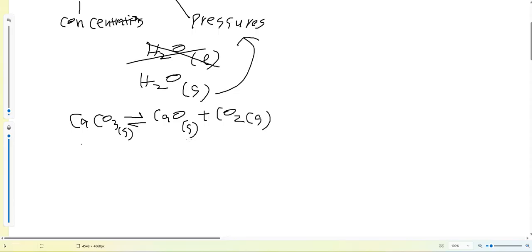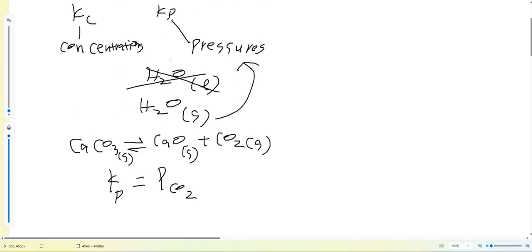So K, in this case, is going to be Kp since it's a gas, and it's equal to the pressure of carbon dioxide. Now, if we had a gaseous reactant decomposing into solids, then it will be 1 over that gas reactant.